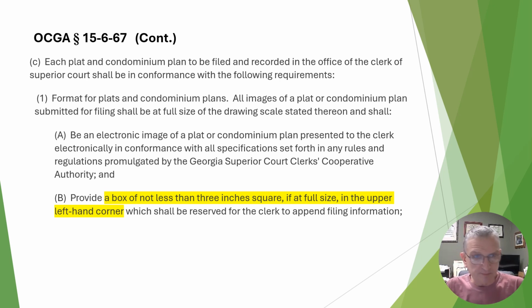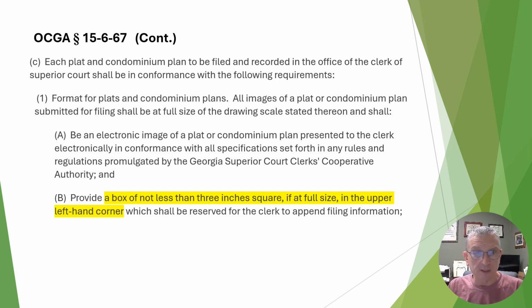Now, this box is something that came in just a few years ago. It wasn't there always, but the clerks, I believe this came in the misguided, ill-fated 2016 Plat Act, or revision to the Plat Act that had a lot of problems that had to be rectified quick in 2017.